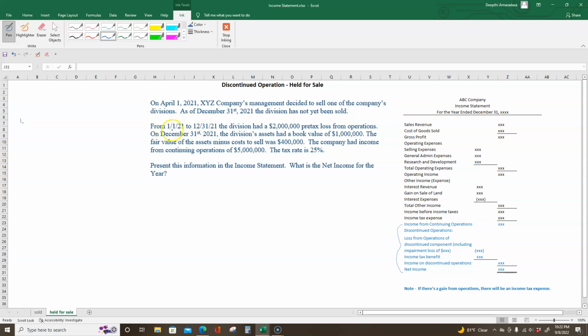They told us that from January 1st, 2021 to December 31st, 2021, the division had a $2 million pre-tax loss from operations. So we are going to have to report that $2 million. And it is a loss, so I'll put that in parentheses. And then we also have to record any impairment losses.